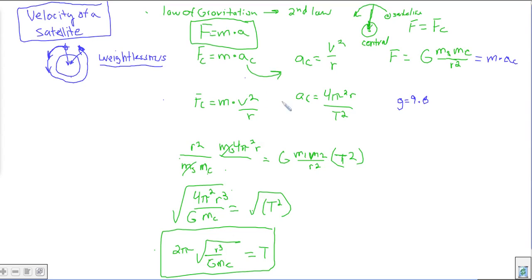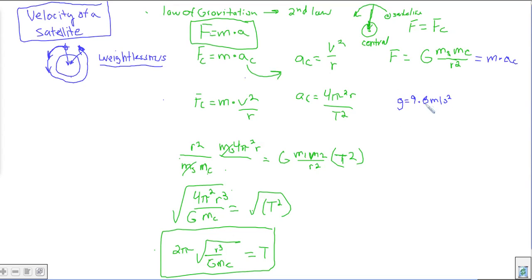So that means that little g, which we have always known as 9.8 meters per second squared, is really just also this right here. It is the centripetal acceleration in terms of this formula. So that'll come into play in a little bit. But let's get to solving for velocity.